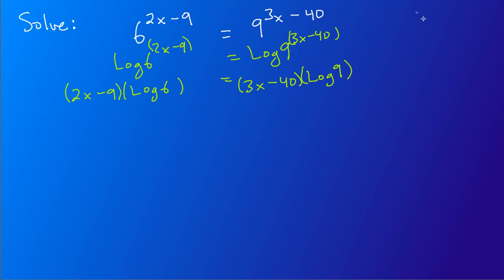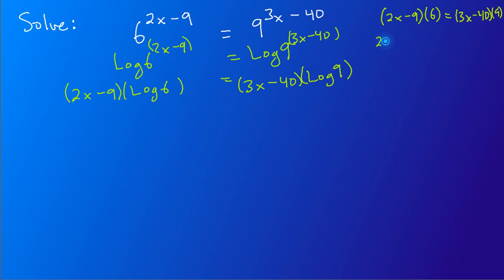So over here, kind of in this top corner, I'm going to write a similar situation, but it's not going to be exact, of course, because I have log 6 here. And then if I have 3x minus 40, and then I have a 9 right here. All right, so let's think what we would do if we were in Algebra 1 and we had this situation. Well, we distribute the 6 and we distribute the 9.